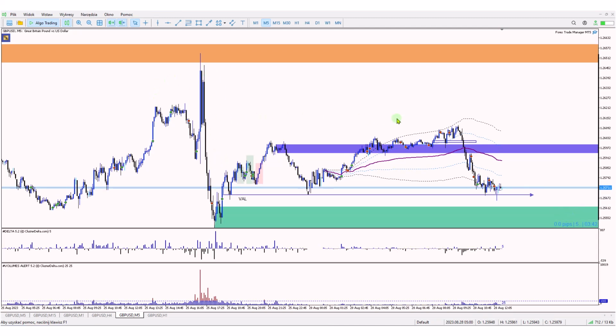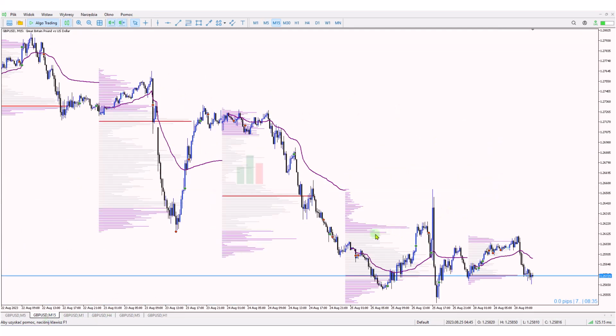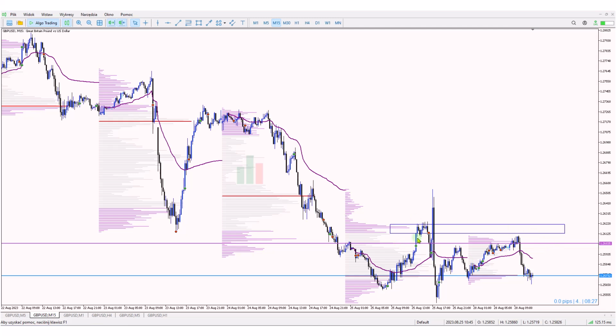So here we had definitely supply. Let's check if this is covered with the volume profile. Here we have some volume spike, here too. Let's mark this from here. It missed, but here's another one. Another volume spike. So I would mark this as well, so that this is our supply zone, the break of previous demand.